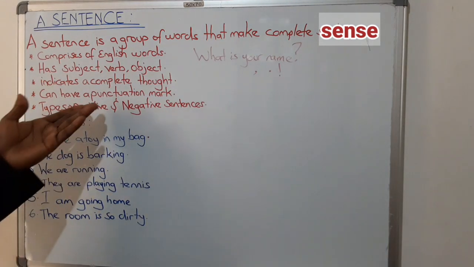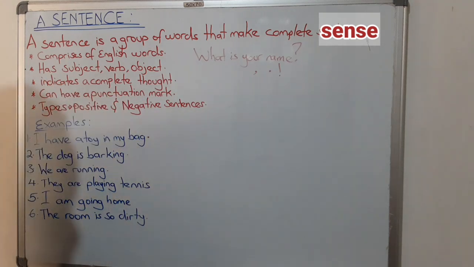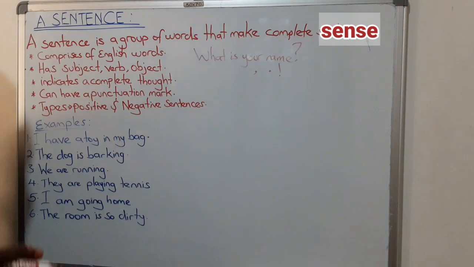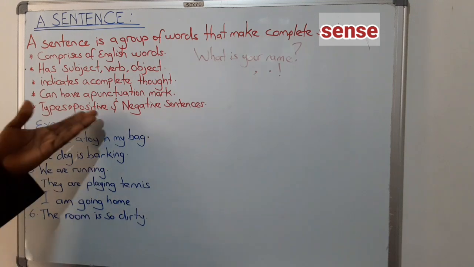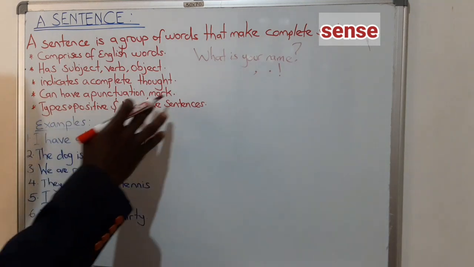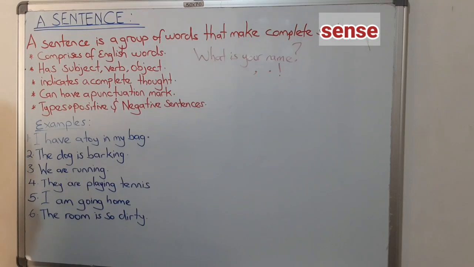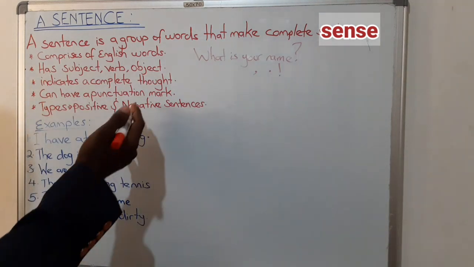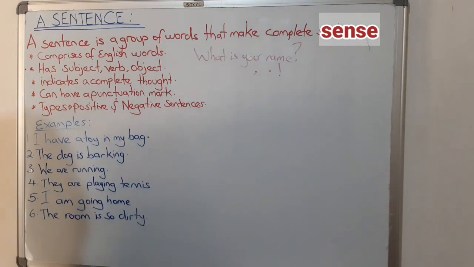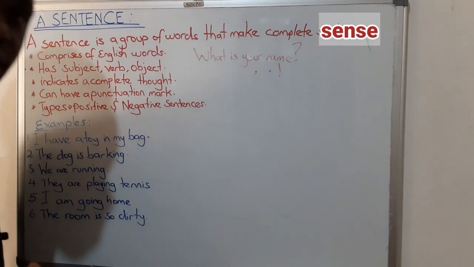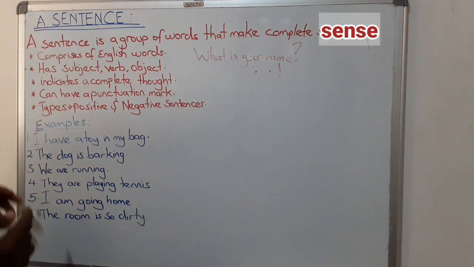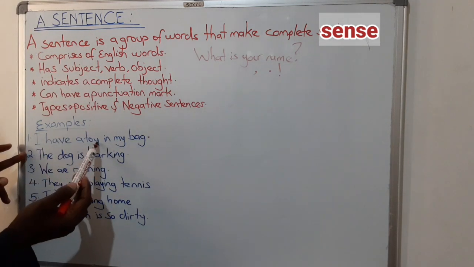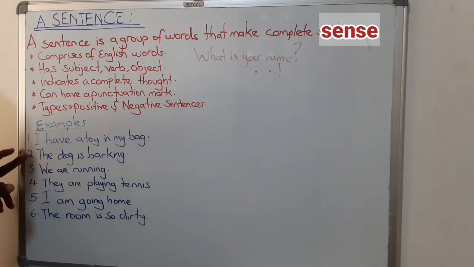Okay, so a sentence can have a punctuation mark. Also, sentences can be of types. We have positive sentences and negative sentences. Positive sentences agree with what the user is talking about, whereas negative sentences disagree with what the user is talking about. For instance, if I say, I have a toy in my bag, this is a positive sentence because you are agreeing to what you are saying.